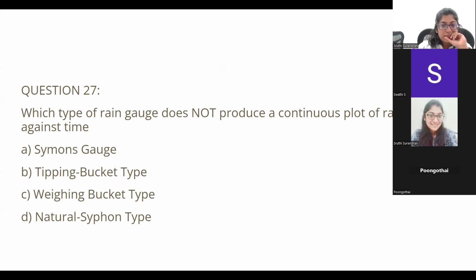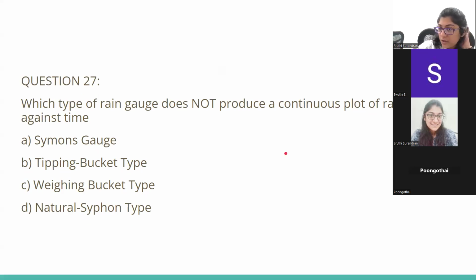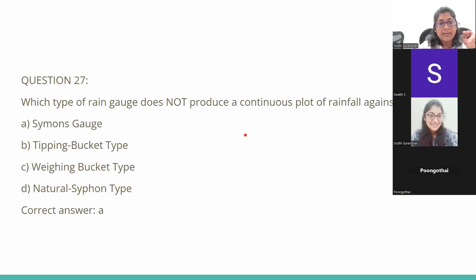Okay, so Simon's gauge is a non-recording type. Tipping bucket, weighing bucket, and natural siphon type are all recording type. All of these three give us a continuous plot. The question is which does not produce, and the answer is Simon's gauge. Option A is the correct answer.